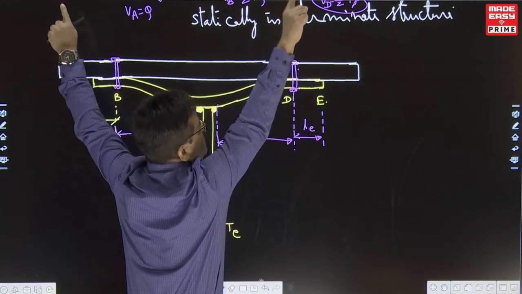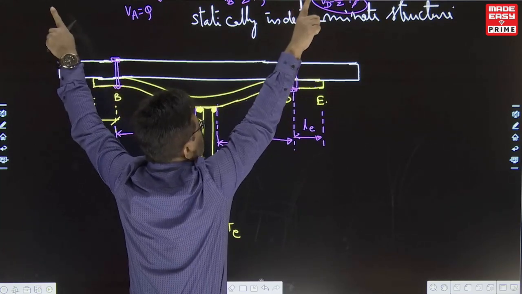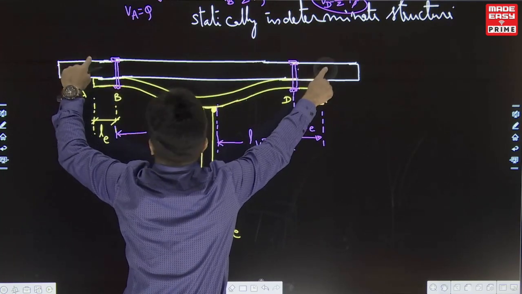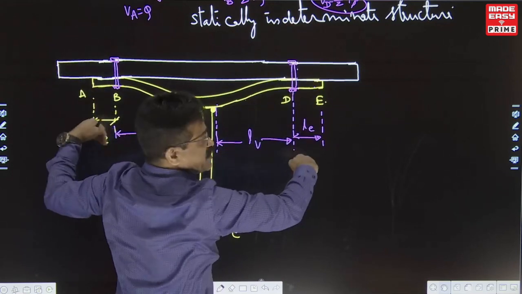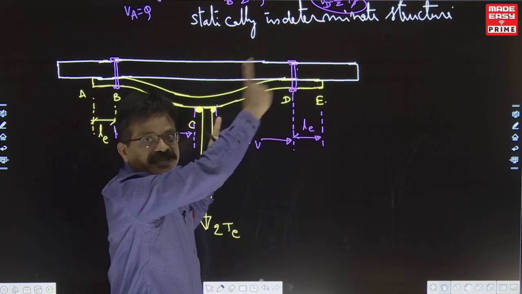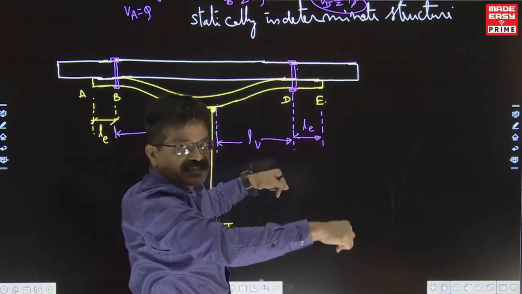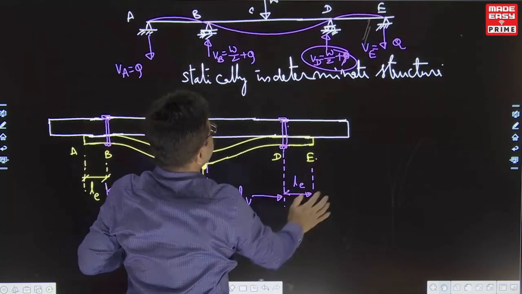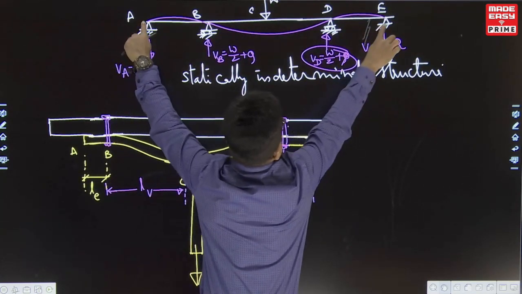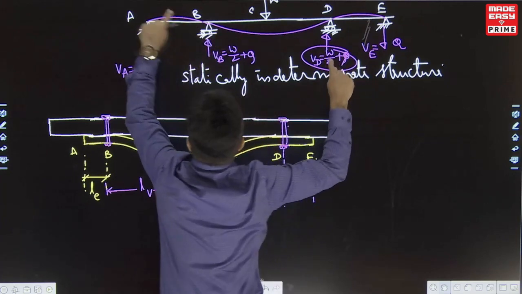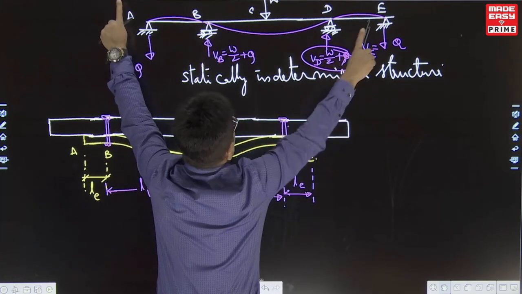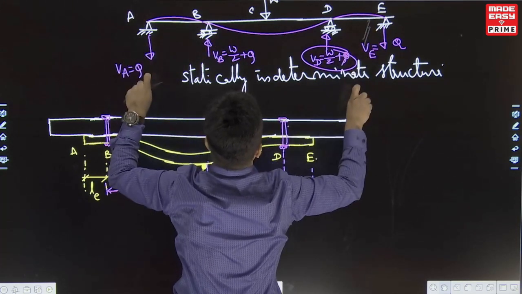That upward deflection is stopped by this plate here and here, so it is pressing it down, as in the VA and VE reactions. Because of the supports, it will hold and pull it down.